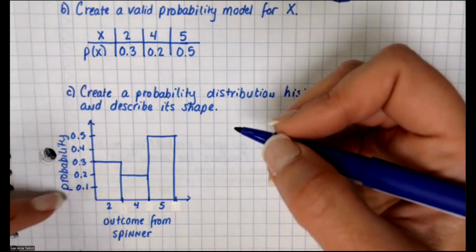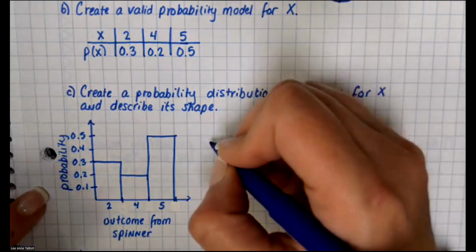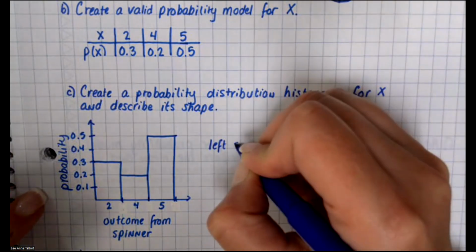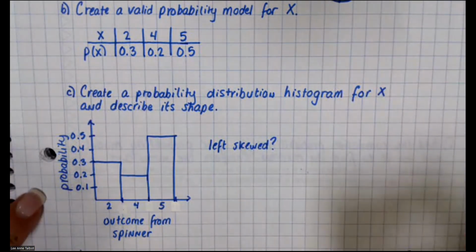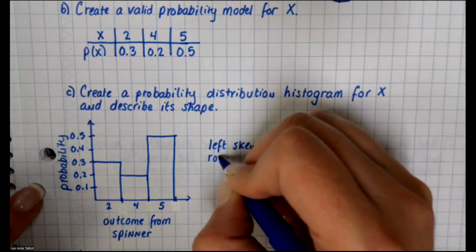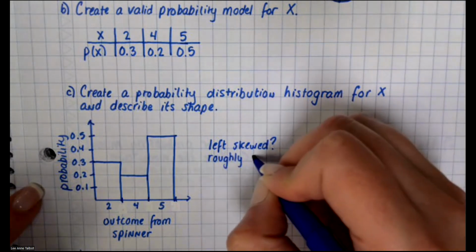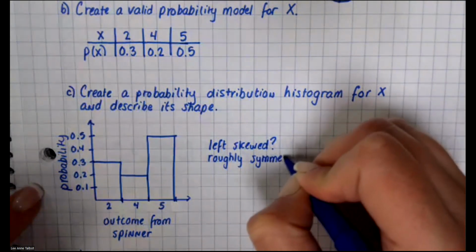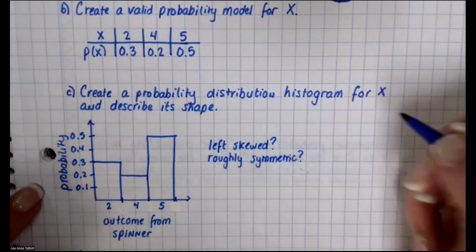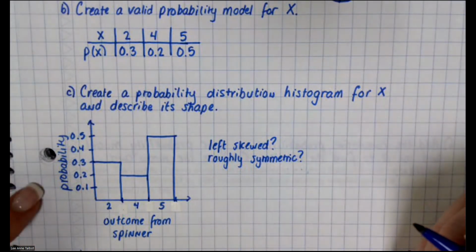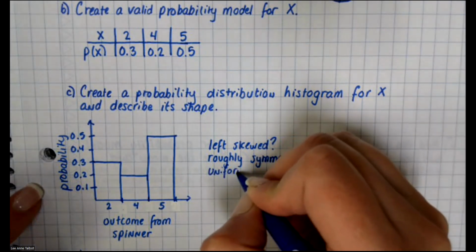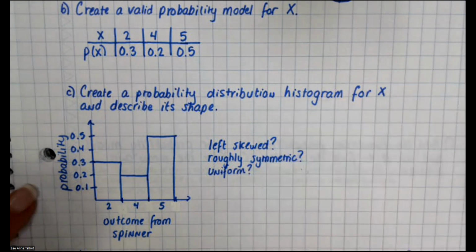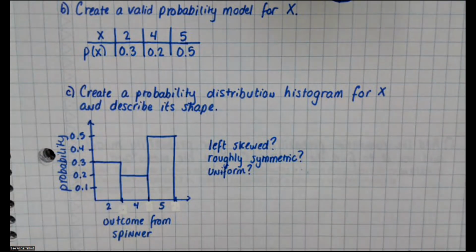So if the tail was going off like this, it might be left skewed. It also might be roughly symmetric. What's my other option that it could be? Uniform. Okay, and one of my goals by the end of the lesson is to pick one of these, but we're going to use a more sophisticated method.